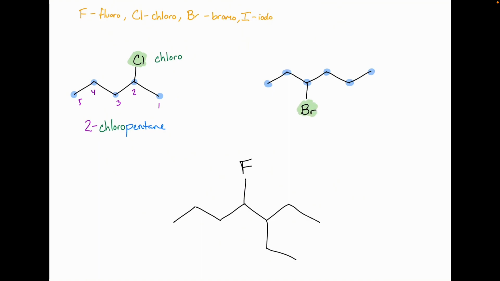Now my substituent is a bromo group. Say that again? Hexane? Yes, exactly. So our parent chain is a hexane because of those 6 carbons. I got my bromo group. Exactly. And it's located on carbon 1, 2, 3. Because if I went the other way, it would be 4. So I'm going to pick the lowest number. So 3-bromohexane.